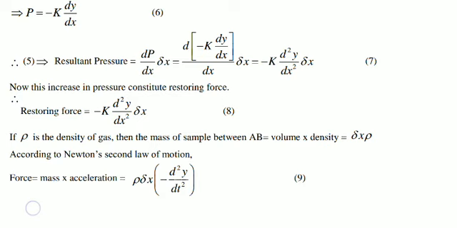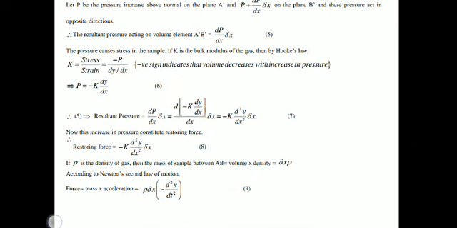It is opposite to the displacement, and therefore this particular fact is represented by minus sign, right? So we have one formula for restoring force, that is minus k d2y by dx square into delta x. We have obtained another formula for force as rho into delta x into minus d2y by dt square.